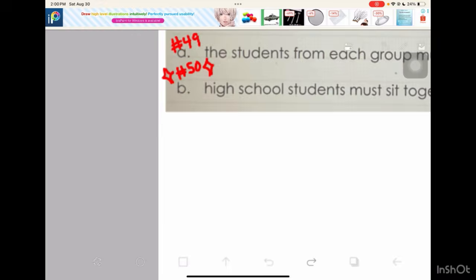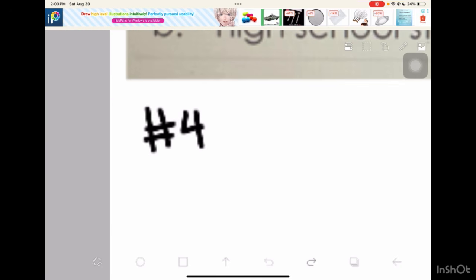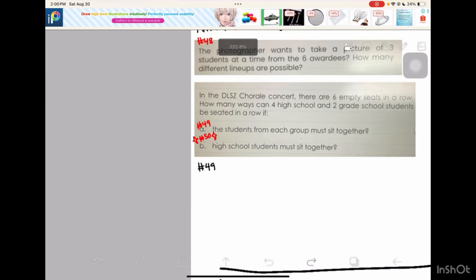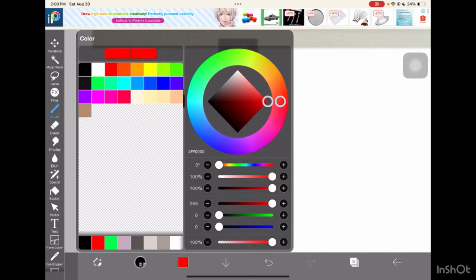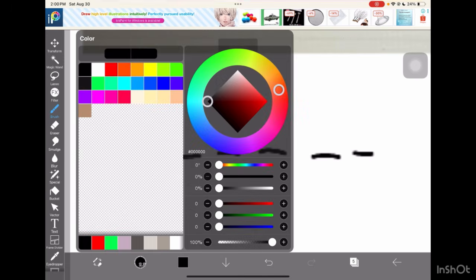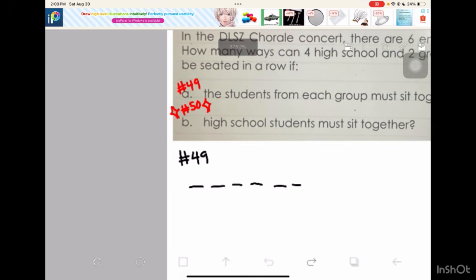So for number 49, let's say we have 6 empty seats. The students of each group must sit together.